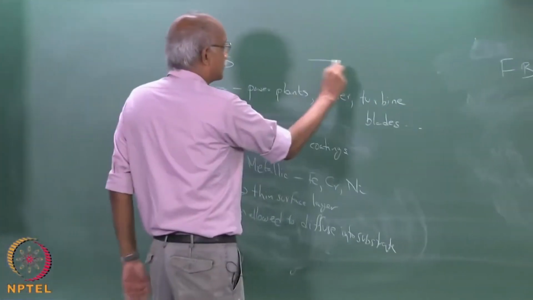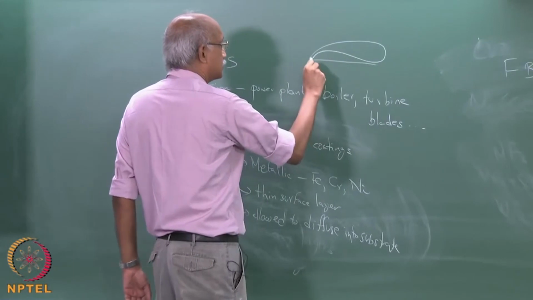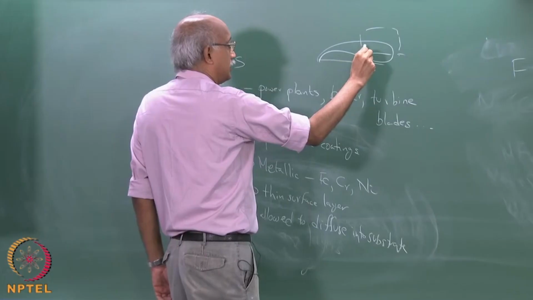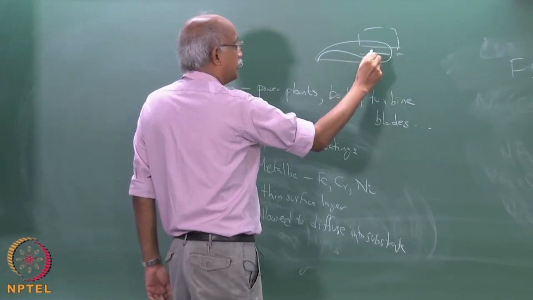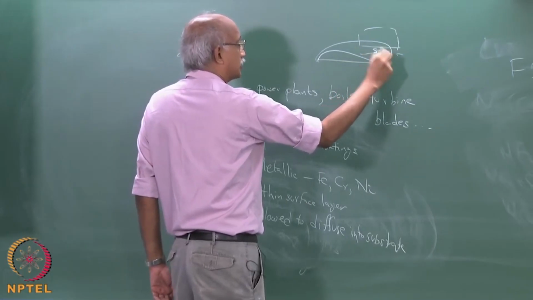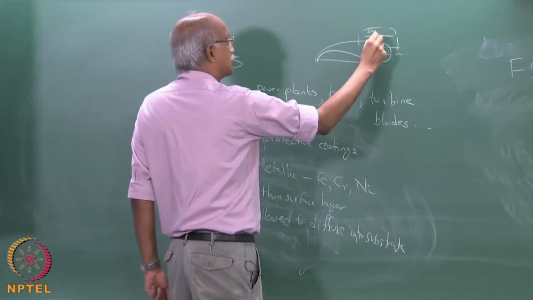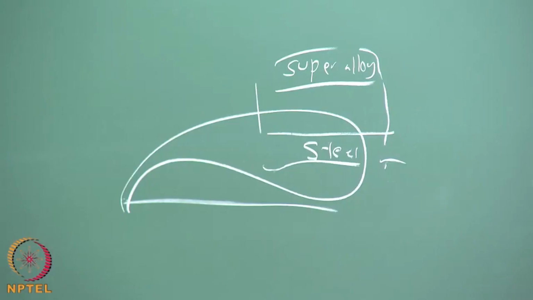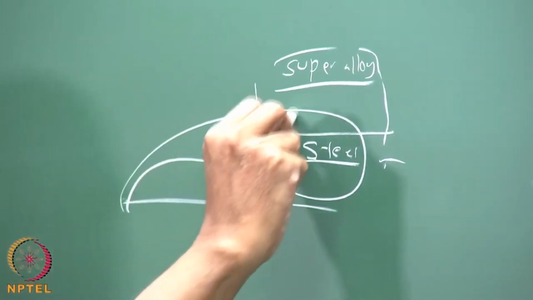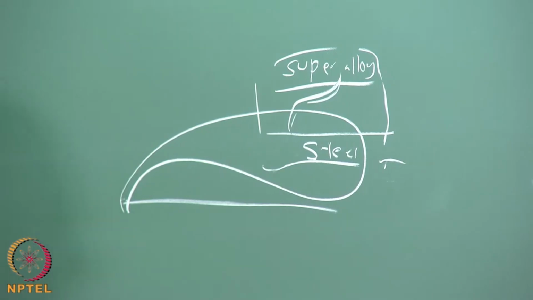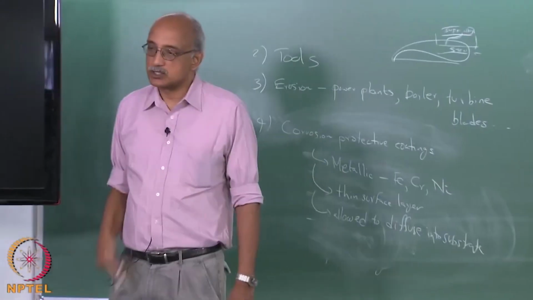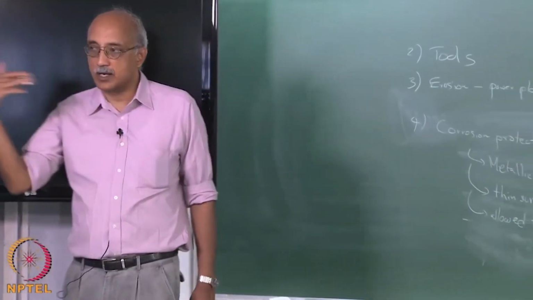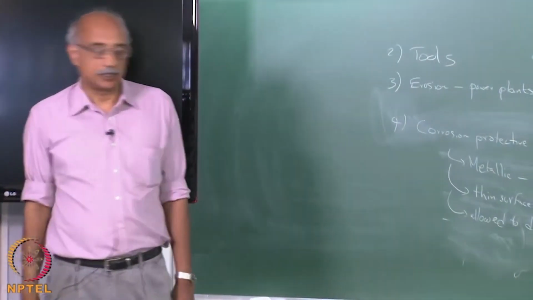If you look at a turbine blade, it looks like this, and you cross section it, the bottommost surface will simply look like a steel, the topmost surface will look like what is known as a superalloy, which has the most enhanced corrosion protection properties, and in between you will see a transition zone where the properties of the substrate will slowly change from the low cost steel properties to the high cost superalloy properties.